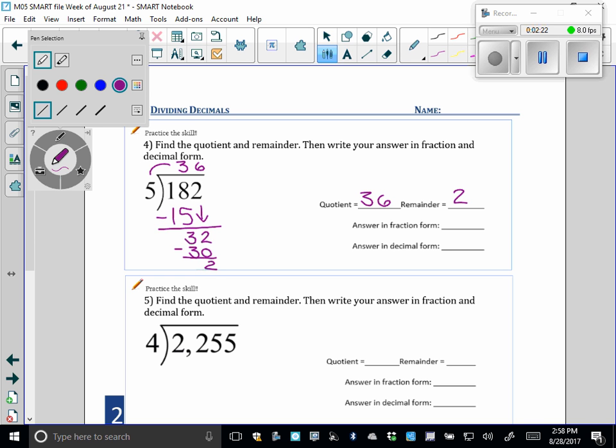So my answer in fraction form, do you know what that is, Jack? 36 and 2 fifths, right. And if you know the decimal value of 2 fifths, you could just write it down and it's 0.4. So there's an advantage to knowing them by memory.